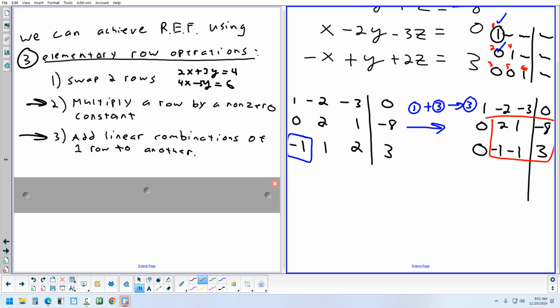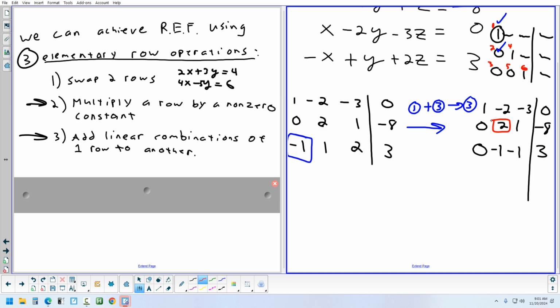Okay. So the next thing we want to do is we want to get a 1 in this spot. Using one of these 3 steps, how could we get a 1 where that red box is?